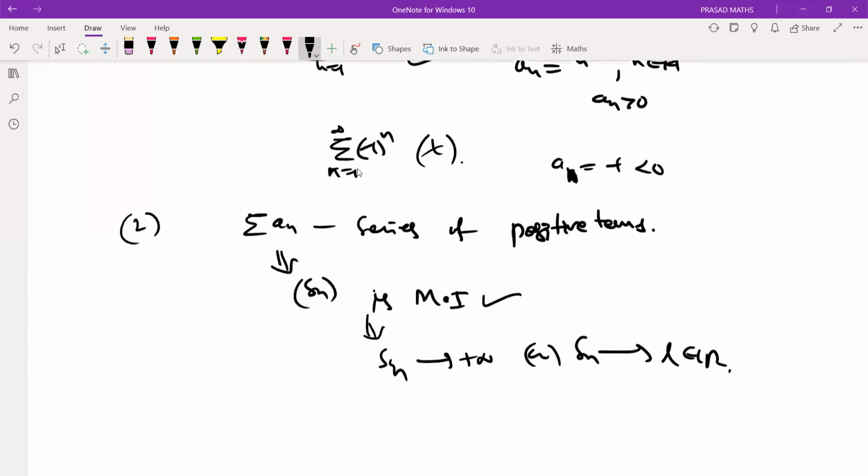ఆసిలేటింగ్ అయ్యే ఛాన్స్ లేదు. సిరీస్ అయితే కన్వర్జెంట్ అనే కావాలి, లేకపోతే డైవర్జెస్ టు ప్లస్ ఇన్ఫినిటీ అనే కావాలి. ఆసిలేటివ్ అయ్యే ఛాన్స్ లేదు. ఎప్పుడు? సిరీస్ పాజిటివ్ టర్మ్ సిరీస్ అయినప్పుడు, రైట్? సో సపోజ్ ఇట్ ఈస్ బౌండెడ్ అబౌవ్ సిరీస్.